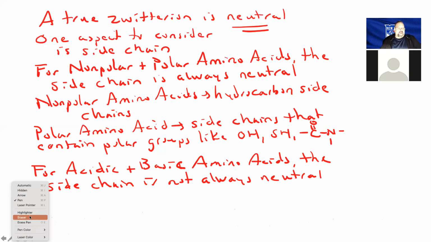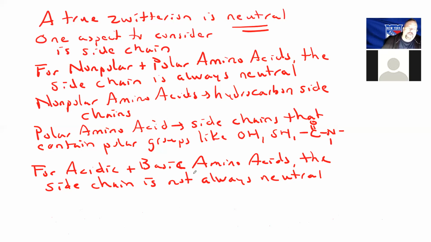If the acidic or the basic amino acid is in the Zwitter ion form, and again, we'll talk about the isoelectric point, the pH range where you have your Zwitter ions, whether it's an acidic or basic amino acid, that side chain is going to be neutral. But as the pH gets away from that, especially considering physiological pH, around 7.4, neither one of those side chains are going to be neutral. They're going to have a charge associated with it.